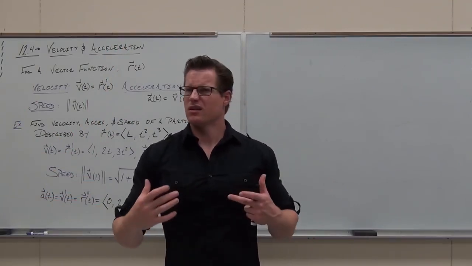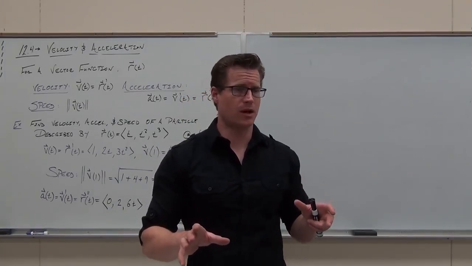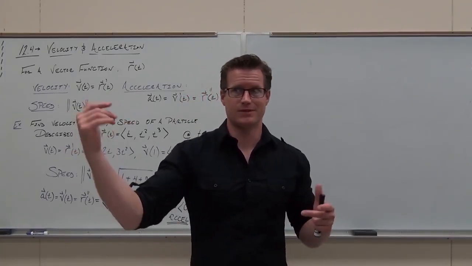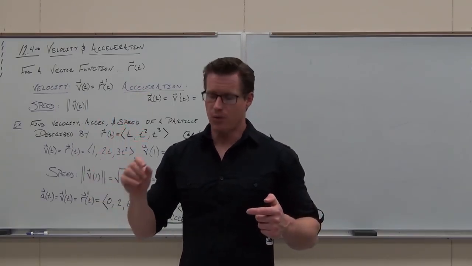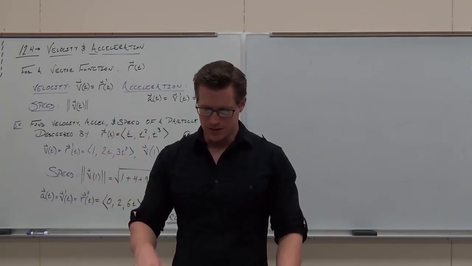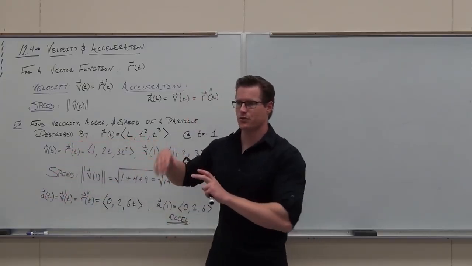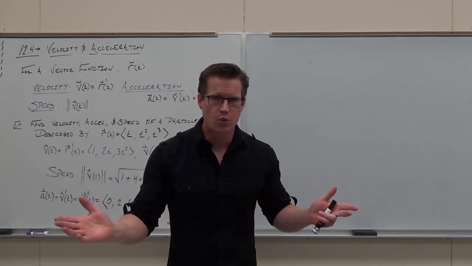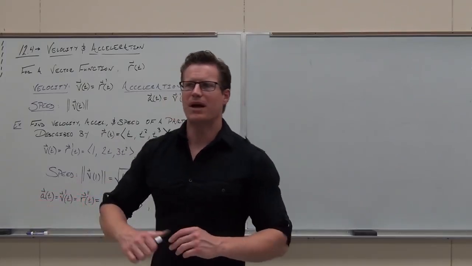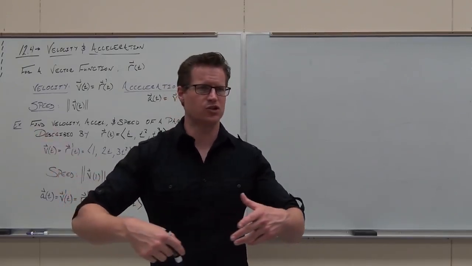Let's practice one just slightly harder. Let's go through, and I want you to do it on your own. I'm going to give you about 2 minutes to do this, okay? I'll probably be walking around the room as much as I can, there's a lecture hall here, to give you as much help as I can. But I want you to find, for this next vector function, the formulas, so the expressions, the vectors for velocity, for acceleration, and for speed. Do them in whatever order you want. I really don't care. But I'm not going to give you a value to plug in. So I want to make sure we can work through it and get functions in terms of t.